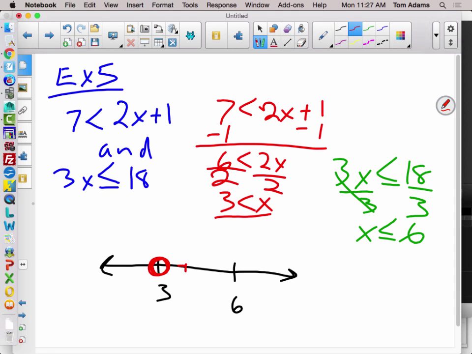And 4 is over here, so this is the direction I want to head. Right? Because 4, which is on the right-hand side of 3, would make the inequality true. But now I'm dealing with x. Do we include 6 in the second inequality? Yes.